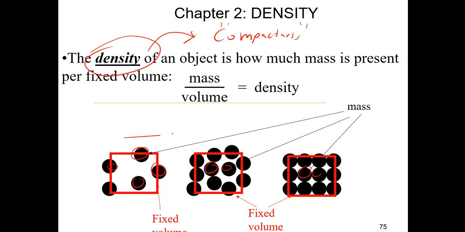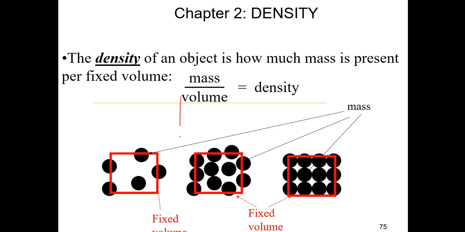So as you go from left to right, the more compact you are, the denser you are. It's all about how compact or close the particles are, which determines density. Please note it has nothing to do with the number of particles.